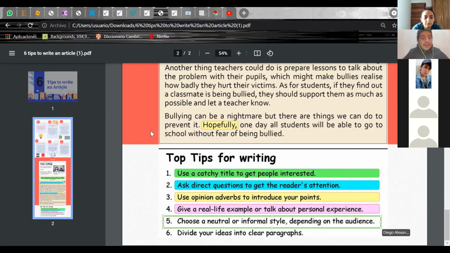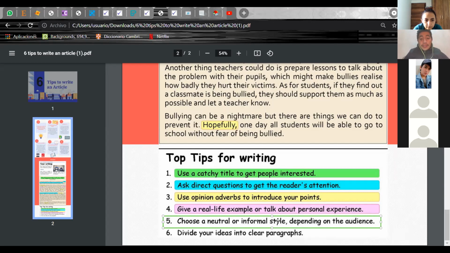Yes, please. But Bibi, you're going to help me reading the last one. But in this case, Lisette is going to help me with number 5. Can you see it? Yes, please. Choose a formal, neutral or informal style depending on the audience.